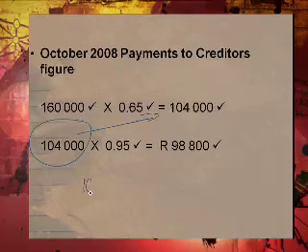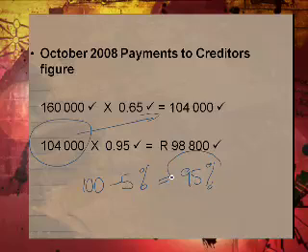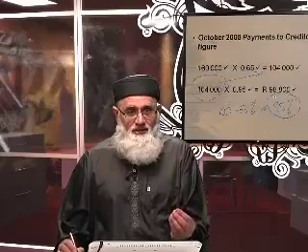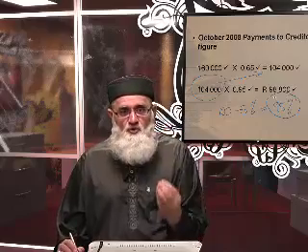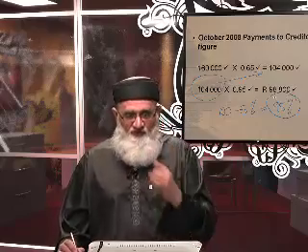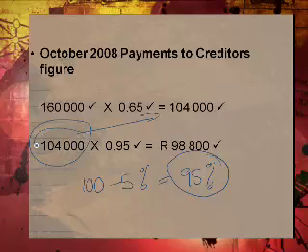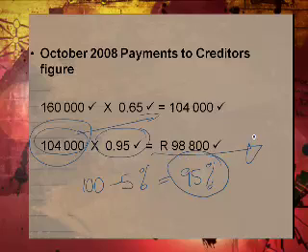The 100% is what you are owing. You are going to receive a 5% discount. Got that? So therefore, 100 minus 5 is equal to 95%. In other words, you're going to settle that debt by paying 95% of the amount that is due. And therefore, you take the 104,000 times 95%, and that's the amount that you will be paying your creditor.